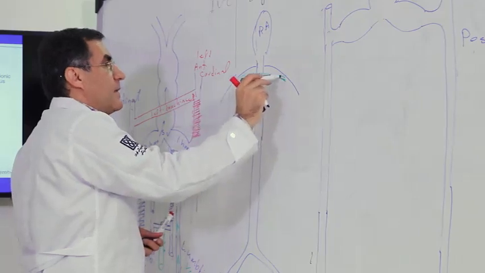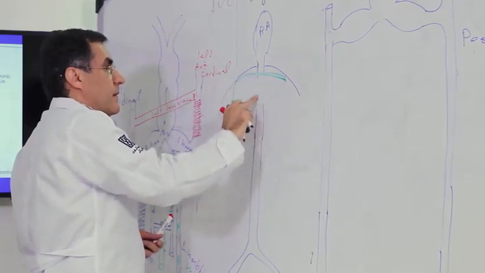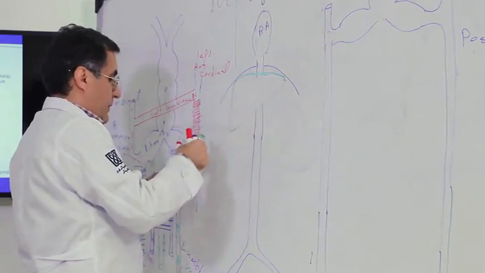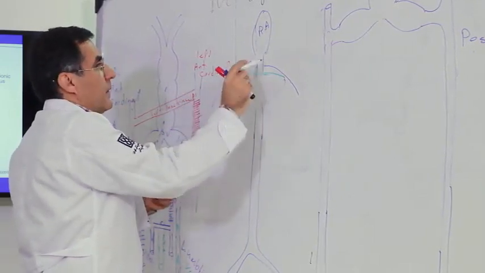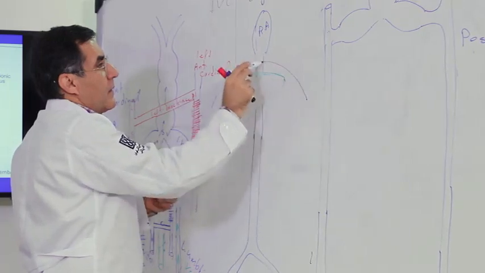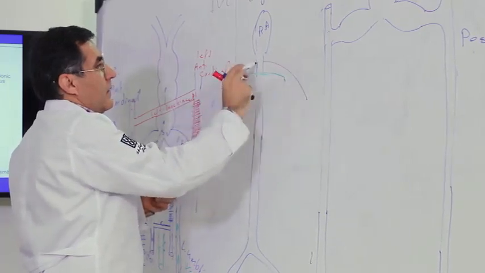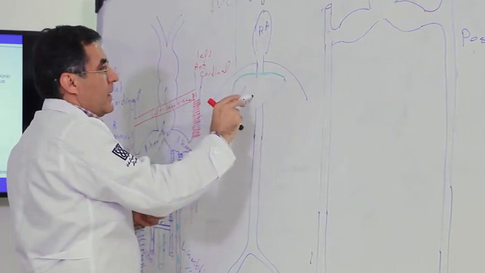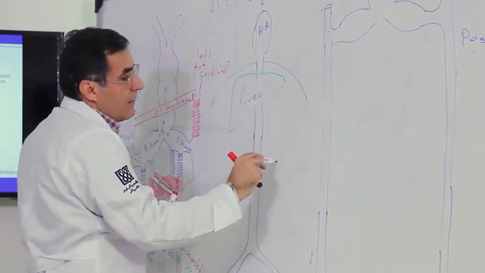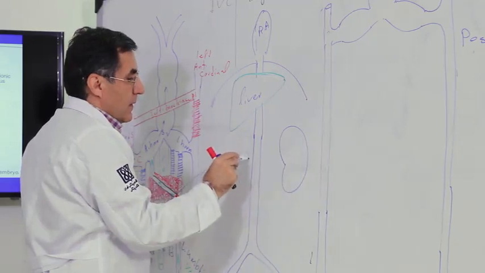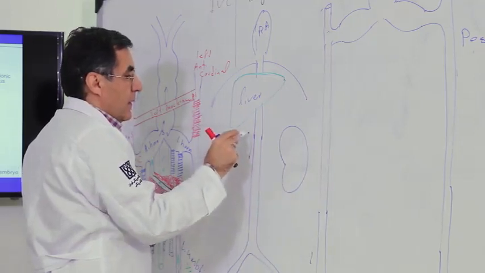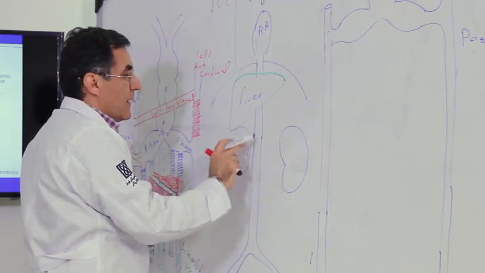Here is the liver. Here we have two kidneys, right and left.